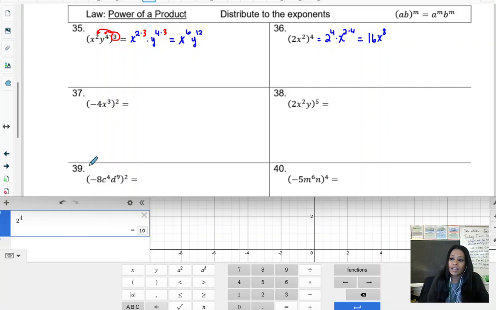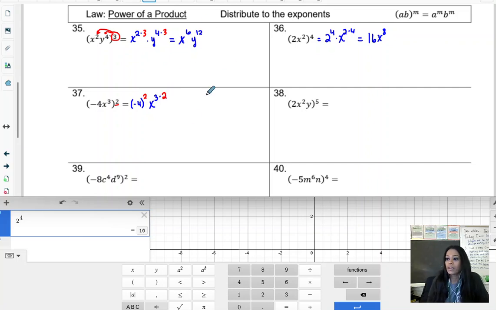All right. Okay, so when you see negative and you have the powers, you have to be a little careful here because the negative also has to have that square, the 2. And then you have x to the power of 3 times the 2.